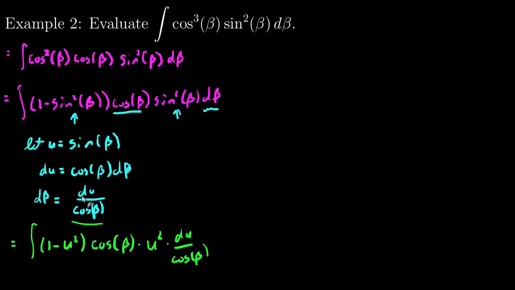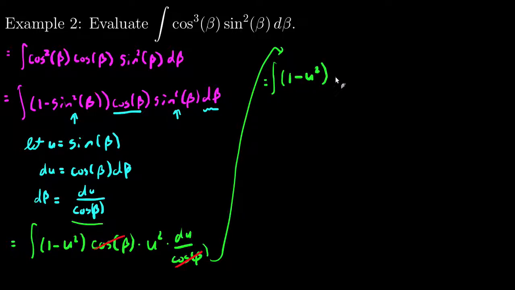And now the cosine betas cancel out for us. I don't have a negative that needs to come in the front here because the derivative of sine was positive cosine, and so I can rewrite this as the integral of 1 minus u squared times u squared du.